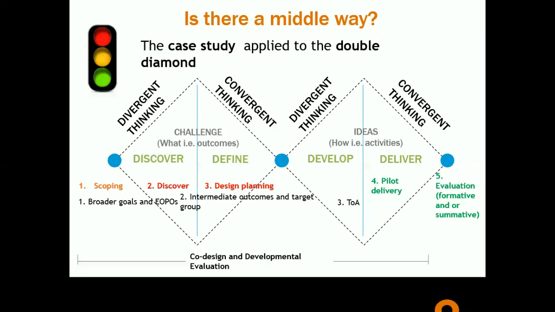And then at the end there, the pilot delivery and evaluation, I think as evaluators we brought a lot to that because that's what we do all the time. But those other areas are areas where I think there's some room for improvement. So I'll very quickly set out what I think was missing from those stages.